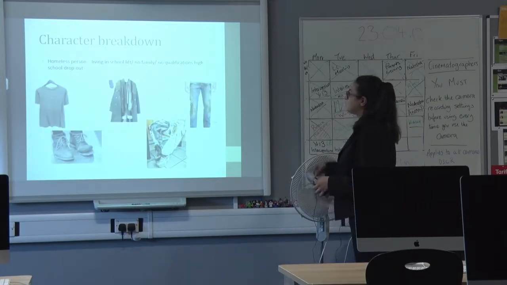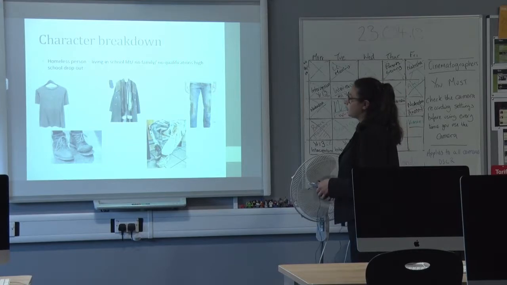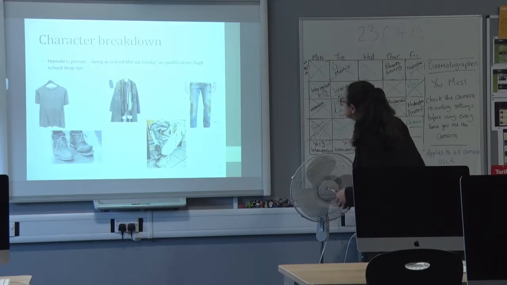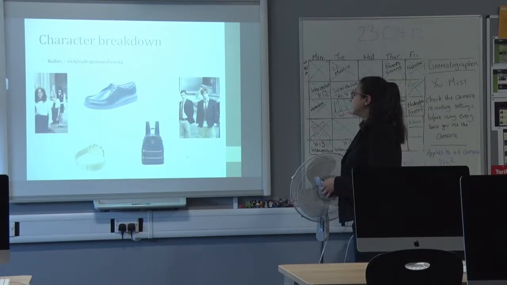The homeless person will be dressed as not being stereotypical, but like this, like having worn out clothes and shoes. Whereas the bullies will be rich and rude, but they will not be Americanized.